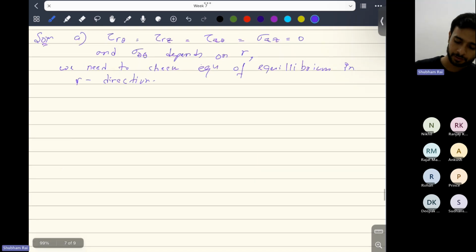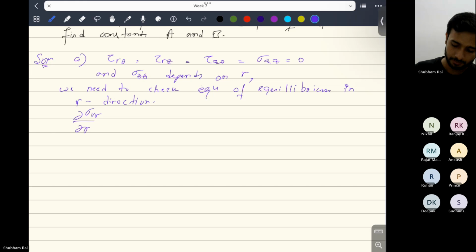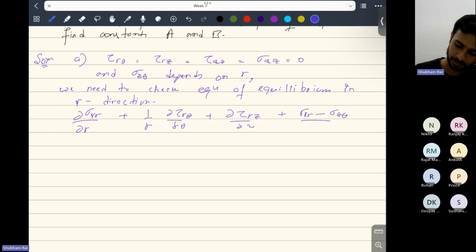This is given by del of sigma r over del r plus 1 over r del of tau r theta over del theta plus del of tau r z over del z plus the extra term, sigma r minus sigma theta theta over r, equal to 0. Right? So this term is already 0 because tau r theta is 0 and tau r z is also 0.